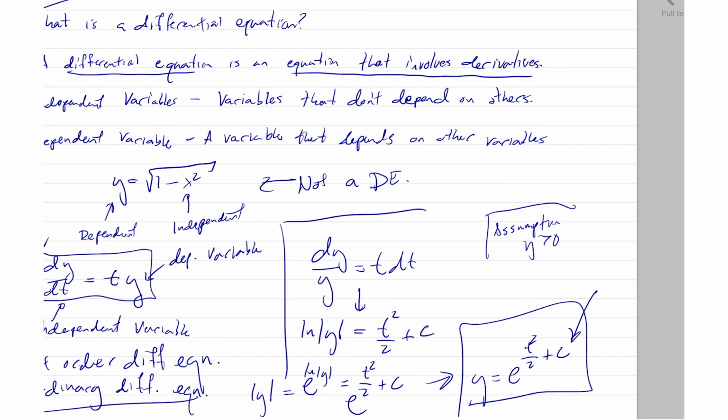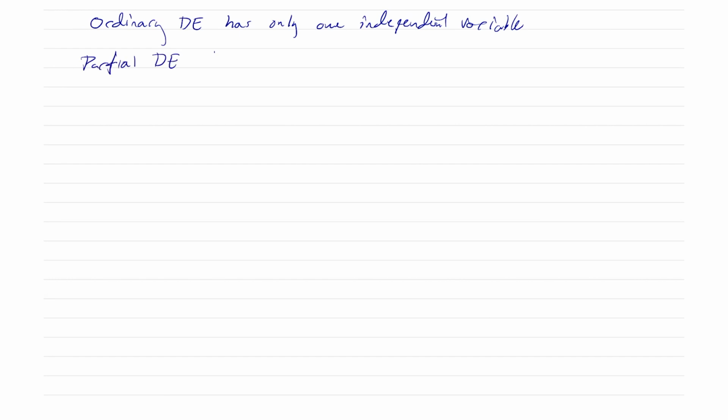Right, and now what makes an ordinary differential equation versus what is called a partial differential equation? So an ordinary differential equation has only one independent variable, whereas a partial differential equation has multiple independent variables.